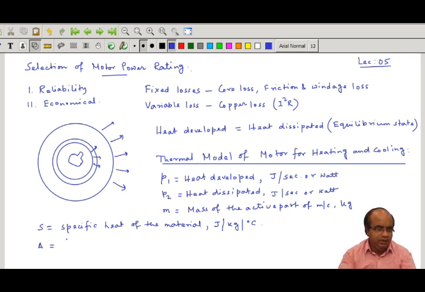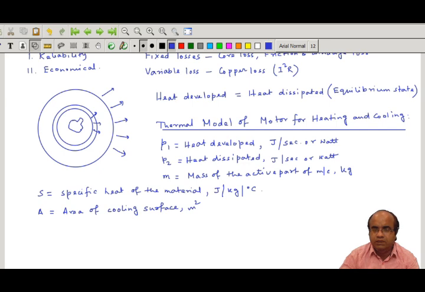A is the area of the cooling surface from which it is dissipating, in meter square. All units are in SI.